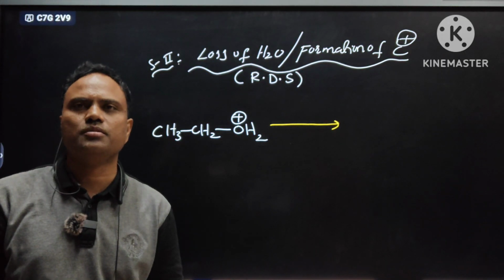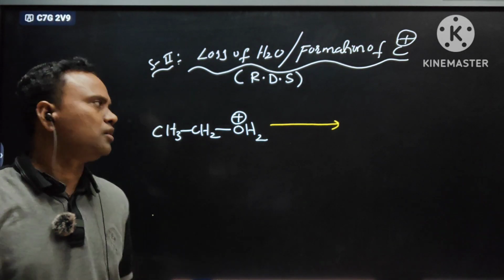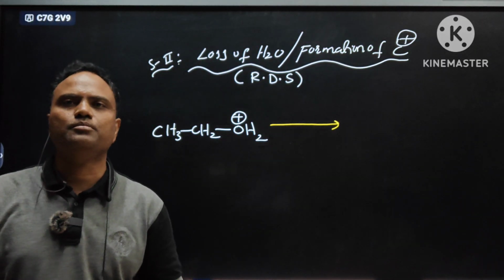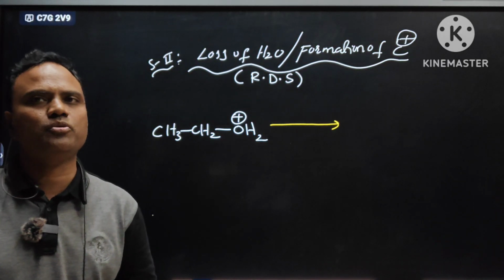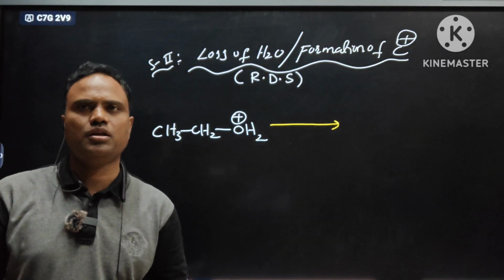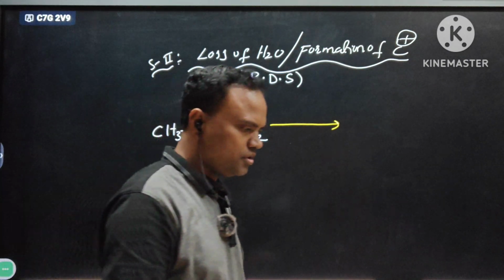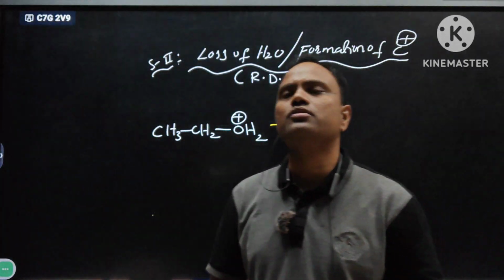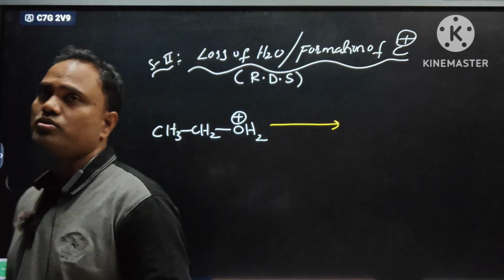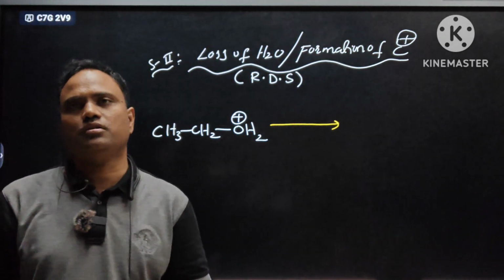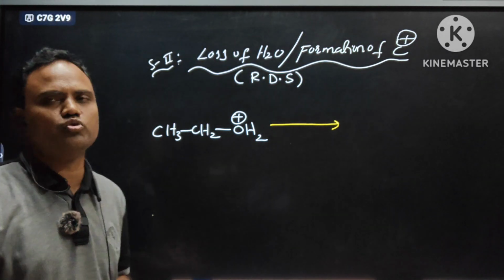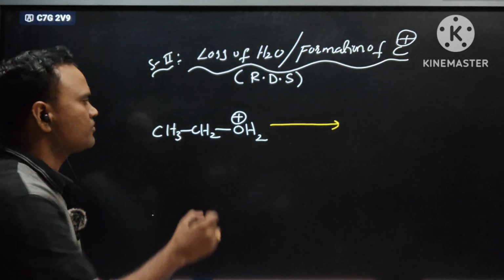A more electronegative atom with a positive charge is unstable. Fluorine, oxygen, even nitrogen are more electronegative atoms. If they have positive charge, they will become unstable.